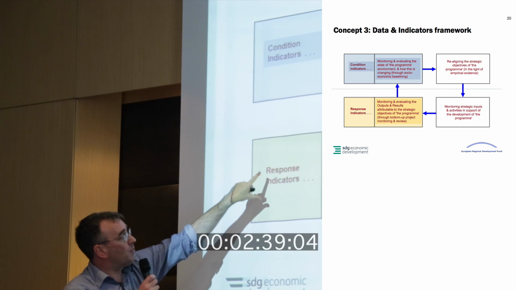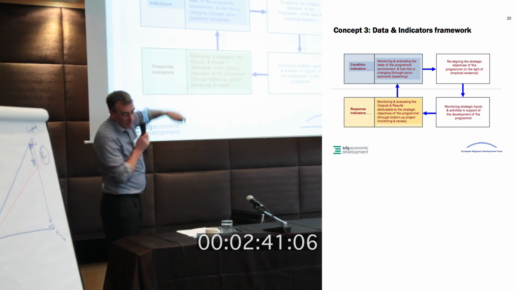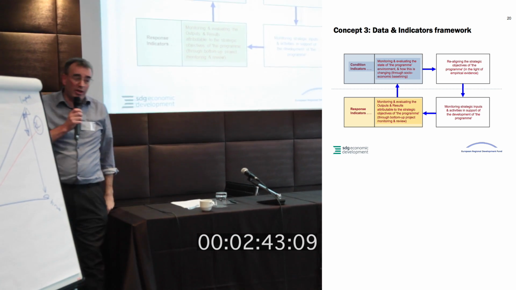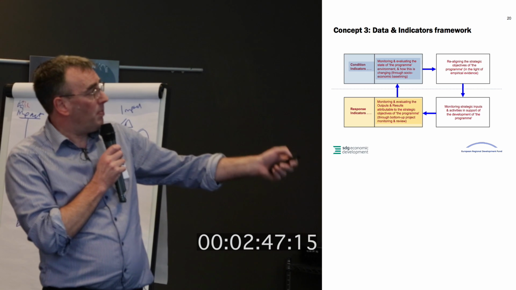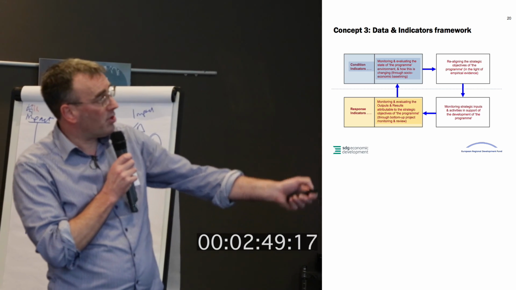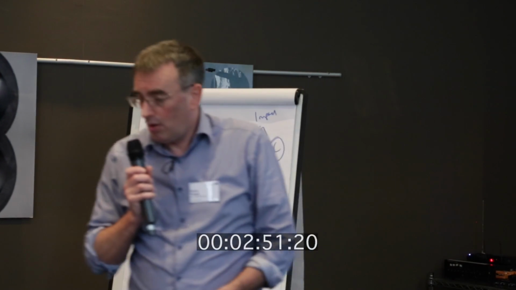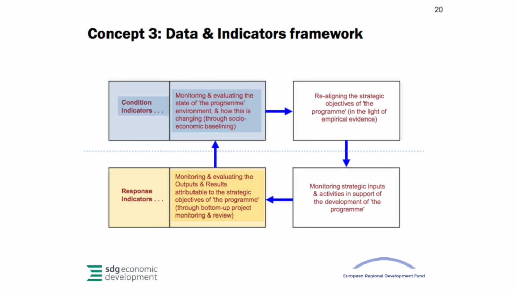Because the closer we get the response indicators to meet what the condition indicators are calling for, the greater our program success will be. Now, many of you will be focusing on this bit through your monitoring and evaluation activity. Routine activity, making sure you understand where your programs and projects are going. But you also need to be able to hold that information against how the condition indicators are changing over time.